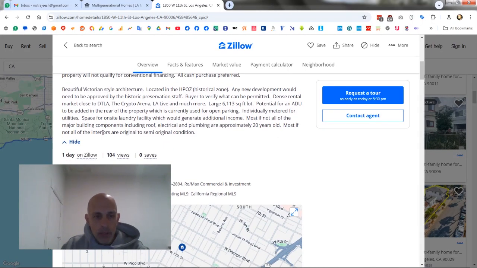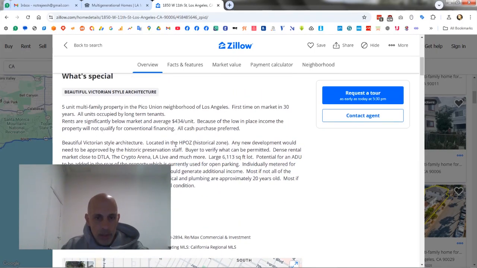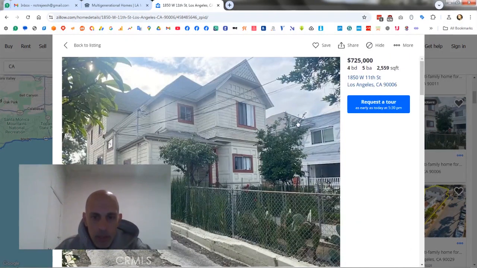Most, if not all, of the interiors are original to semi-original. You gotta redo those. There's a historical zone. Any new development would need to be approved by the historic preservation staff. Ouch. So you've got to keep the historic look to it.